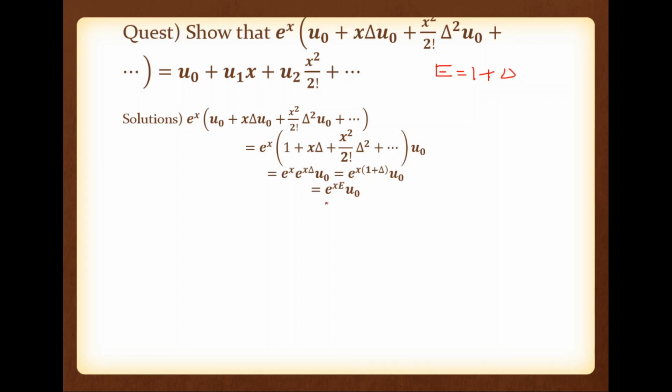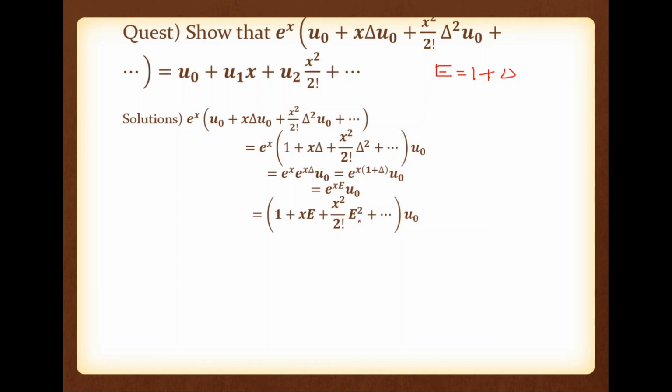Now expand this exponential term. By expanding this term, we have (1 plus x e plus x square e square by 2 factorial plus etc.) into u0.